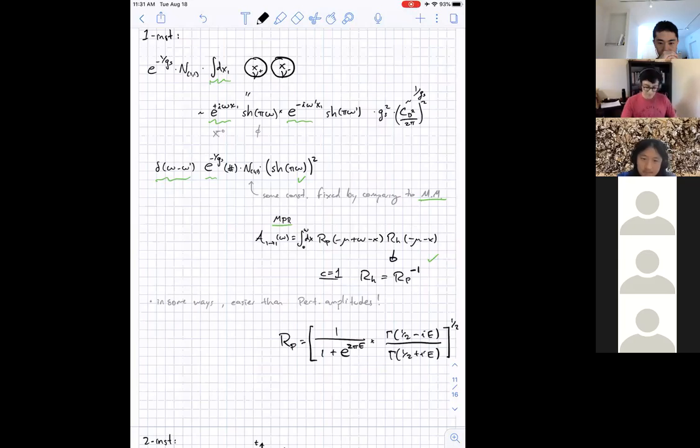Okay. And these non-perturbative factors come from this piece, expanding this piece into this formula. Okay, so this is what reproduces this sinh pi omega.